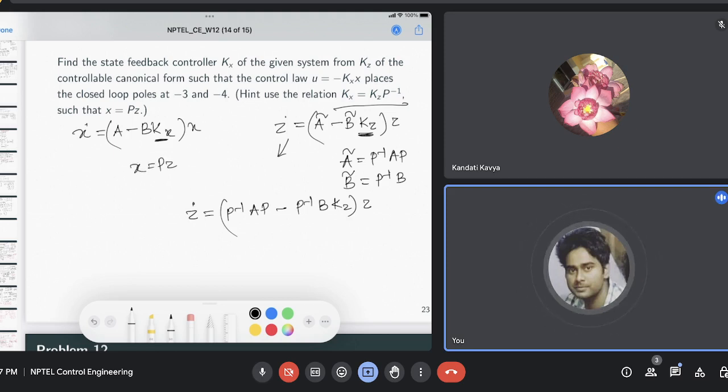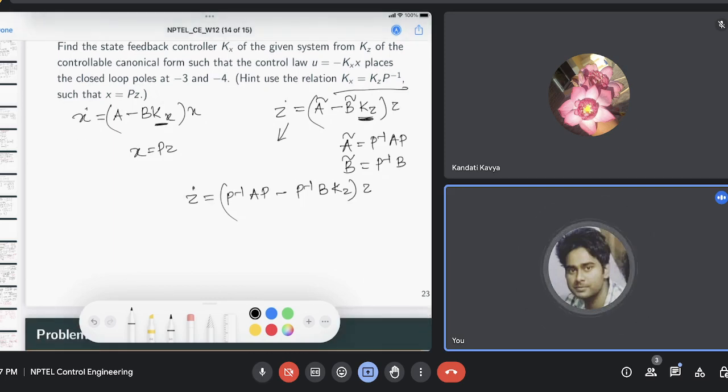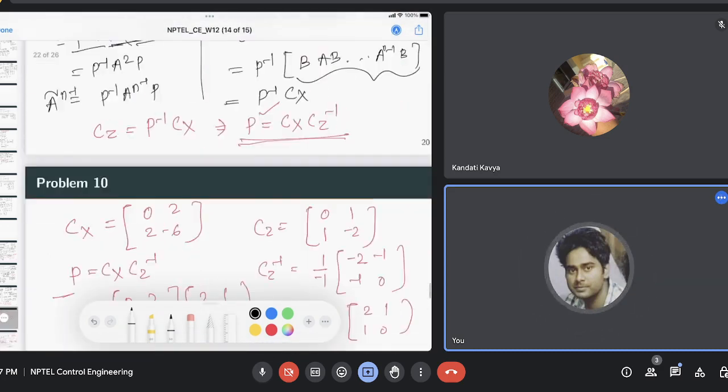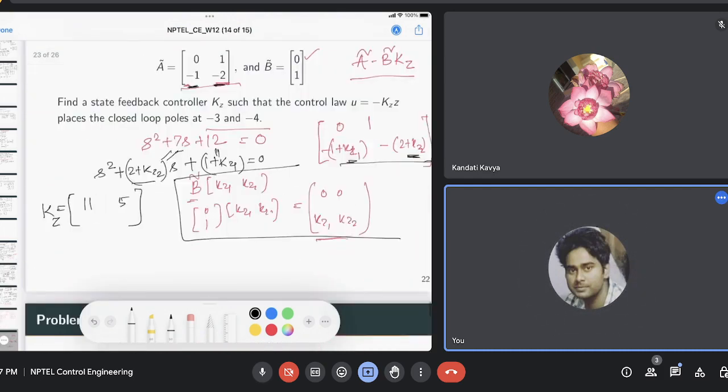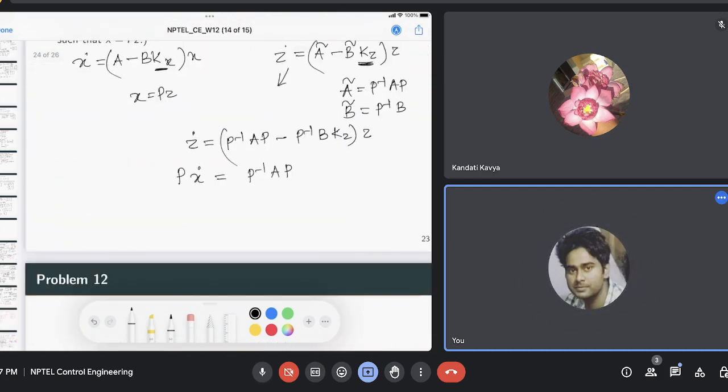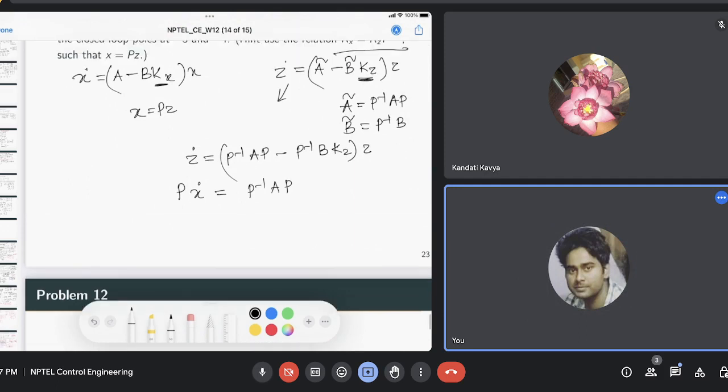So we just substitute that also on both sides. Sorry, no mistake. Let's check. Okay, yeah.